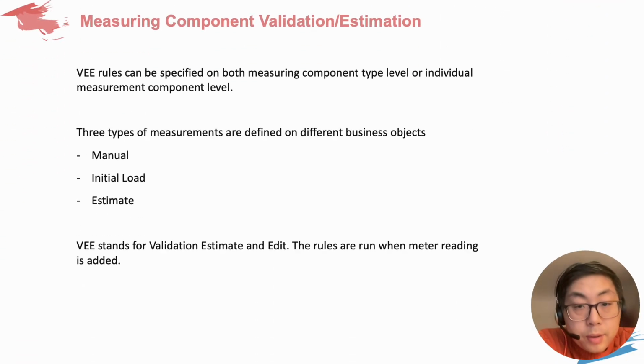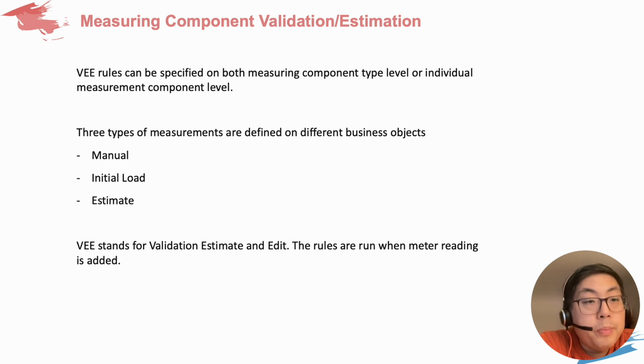And to talk about the measuring component, even to extend onto measurement, I want to bring in a very important concept called the VEE rules. VEE stands for validation, estimate, and edit. It is the set of rules which you can configure against the measuring component type, or you can configure against the individual measuring components, which is an override.